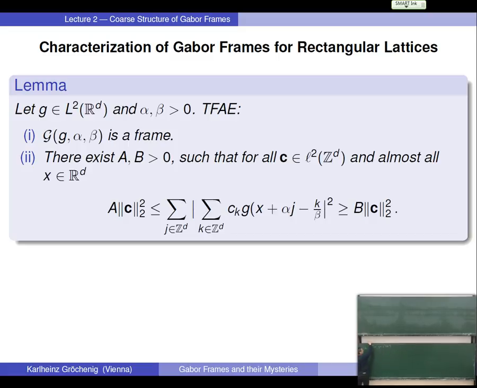Fix g in L2 of R^d. And then I define two sets, script F with g, the full set, which is the set of all lattices in time-frequency space such that the corresponding Gabor system with window g is a frame.